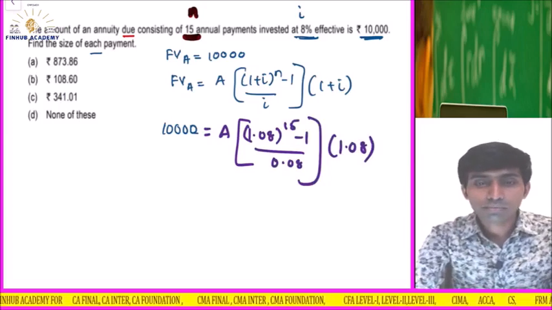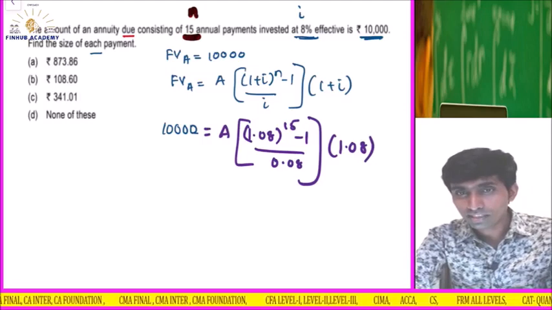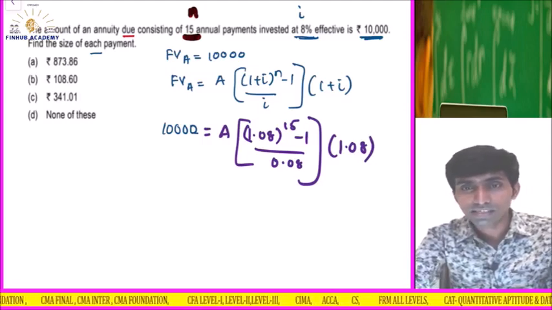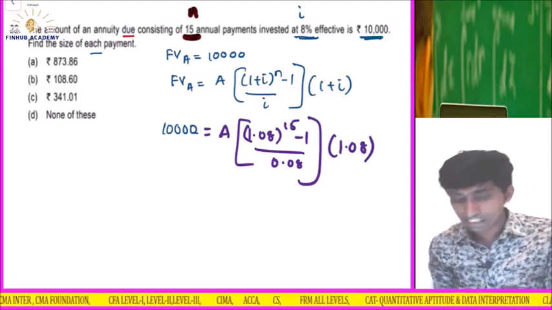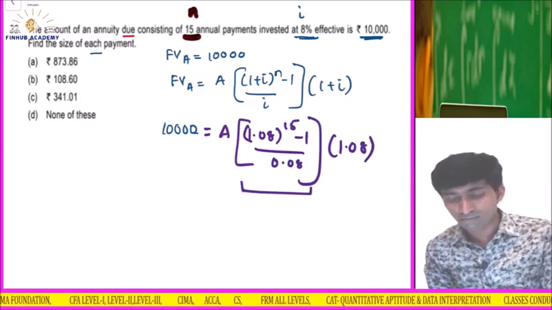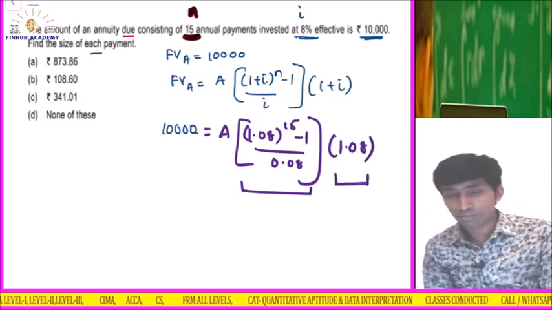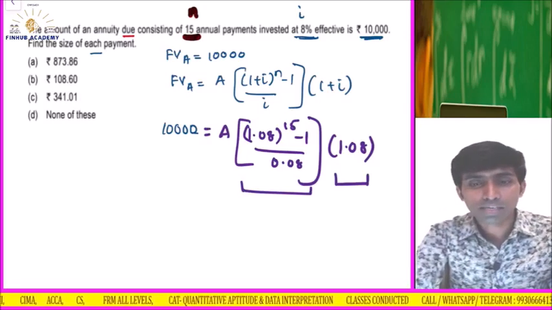Let's check. 1.08 raised to power 15, minus 1, divided by 0.08. This part I am getting 27.15. Just cross verify. That part I will multiply by 1.08, so 27.15 will be multiplied by 1.08.